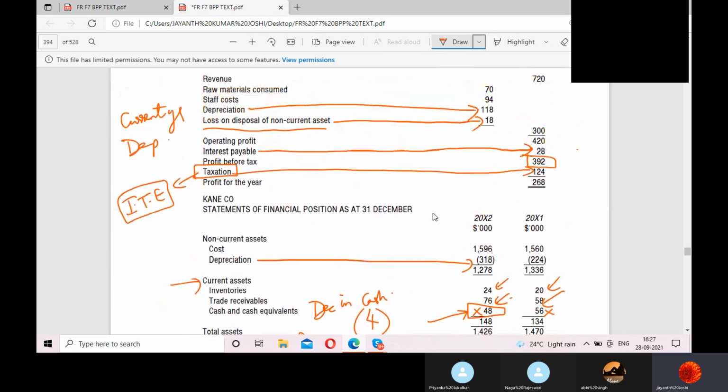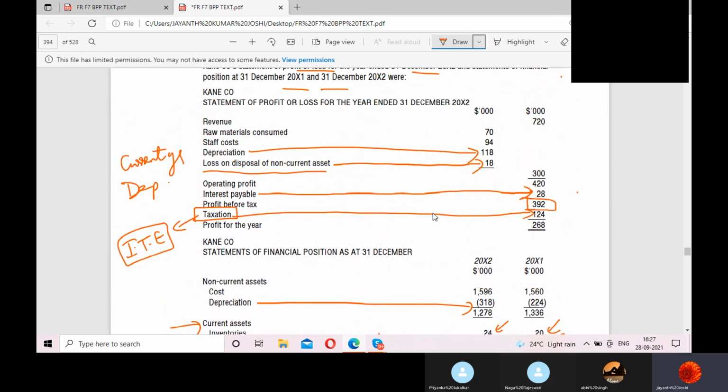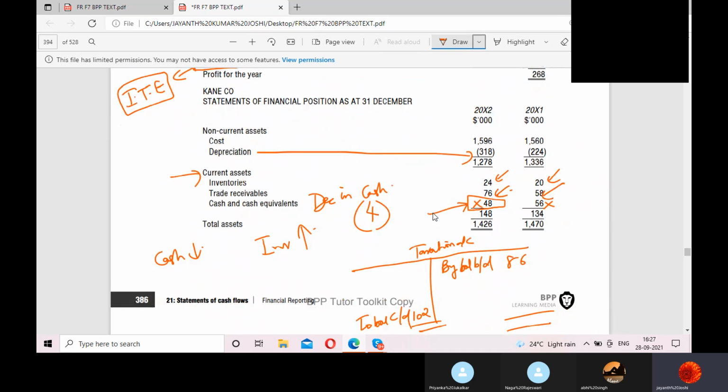And what is the tax expense? 124. What is the journal entry for that? The journal entry is debit all expenses to P&L, so P&L to, or income tax expense to taxation account we can also write.